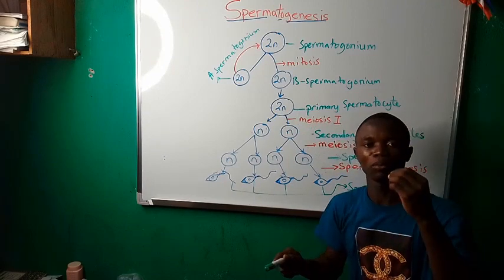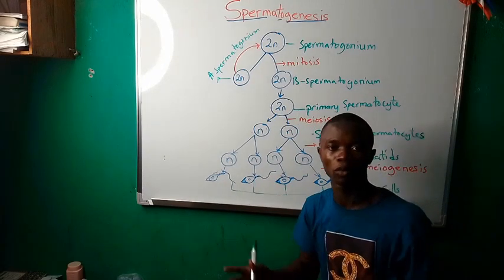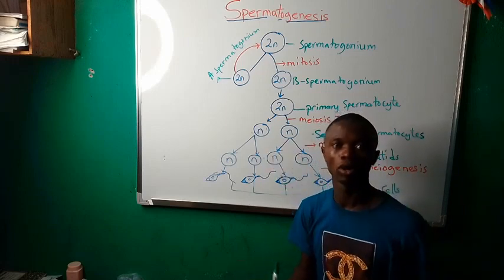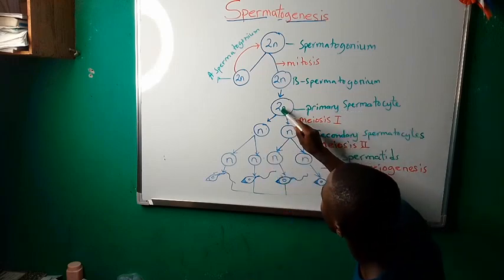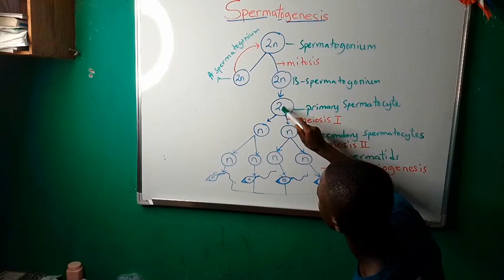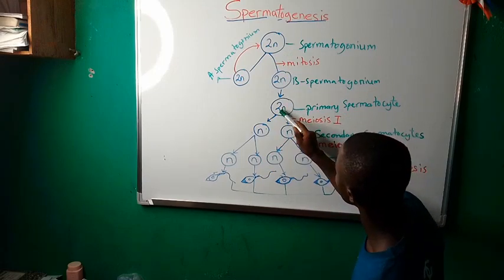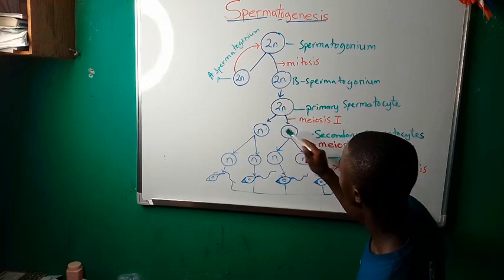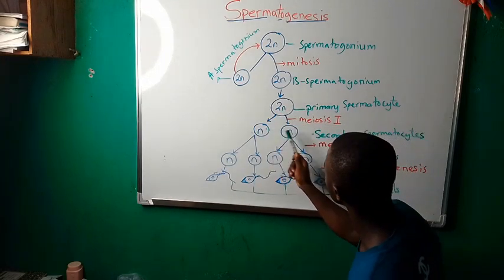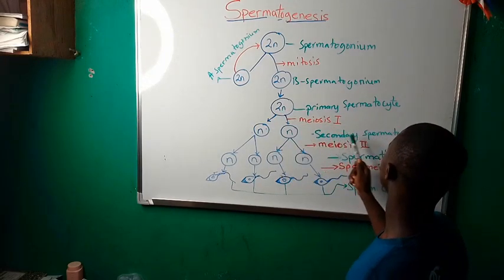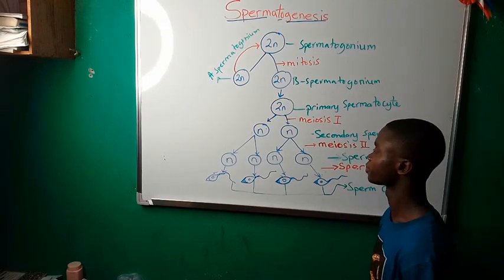In meiosis, we're trying to reduce the chromosome number from diploid to haploid, so instead of 2n, we now reduce it down to n. And these haploid daughter cells are called secondary spermatocytes.